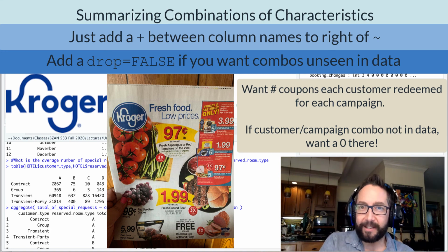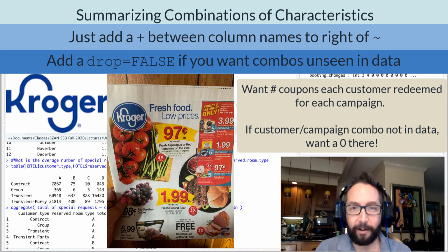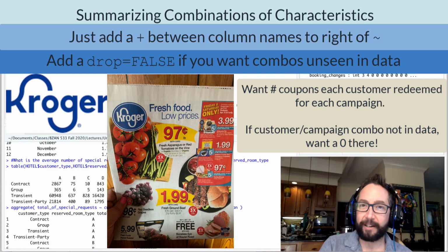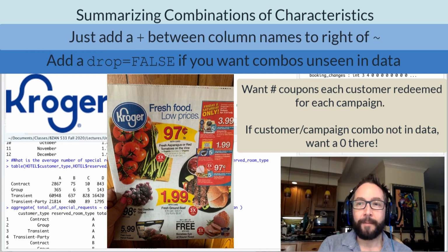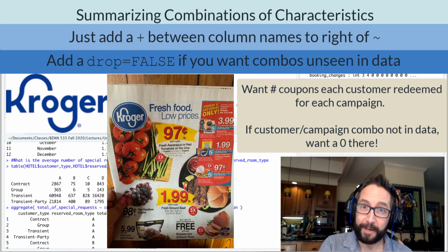So in this case, if we did the way that R does it by default, and we aggregated by each combination of campaign and customer ID, we would completely omit those campaigns that the customers just didn't participate in. In this case, we would like to force each combination to appear in the results because not appearing is meaningful. That's a 0. They didn't use any coupons for that campaign.